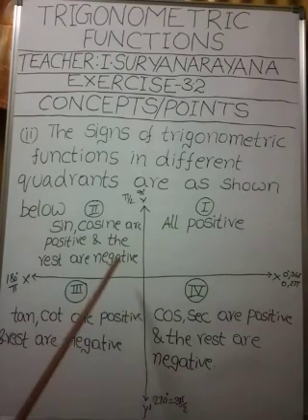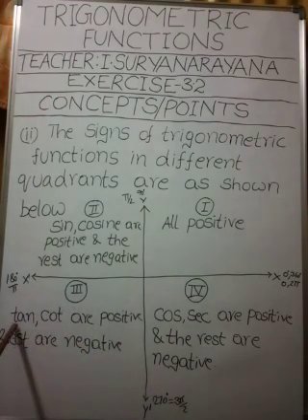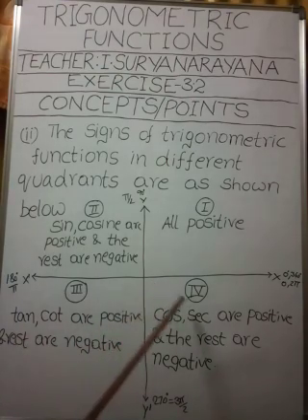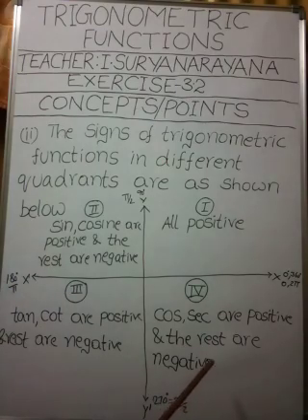Okay, my children, and if the angle is in the third quadrant, tan and cot are positive and the rest are negative. And if the angle is in the fourth quadrant, then cos and secant are positive and the rest are negative.